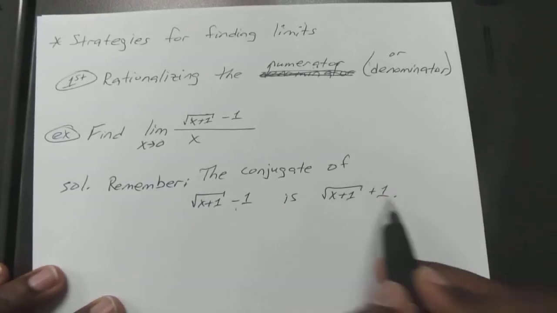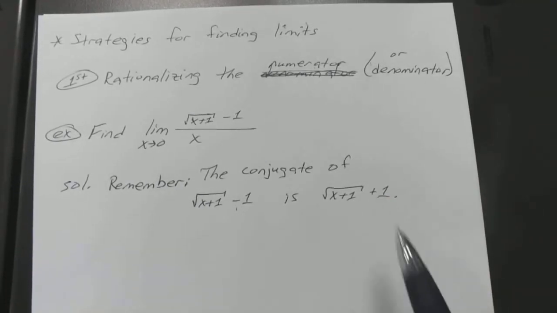All you're doing is changing the minus to a plus. If it was plus, you just change it to minus. So you would multiply the numerator and denominator by the conjugate, and that's how you get rid of the square root.